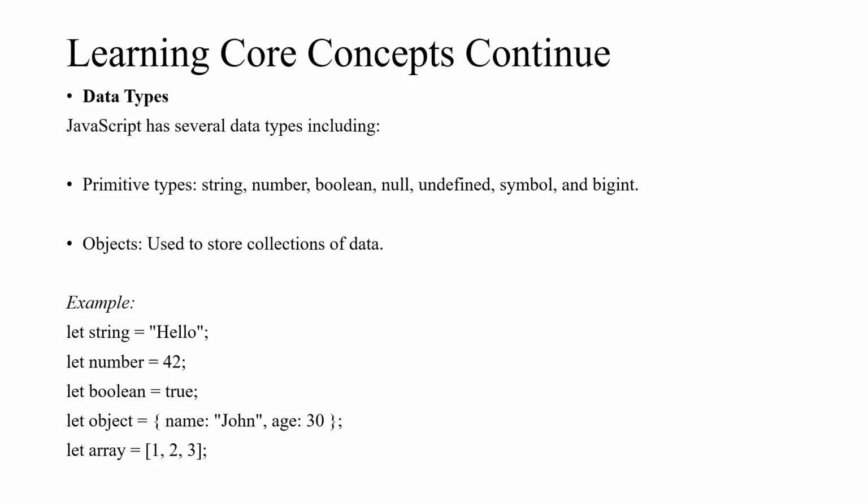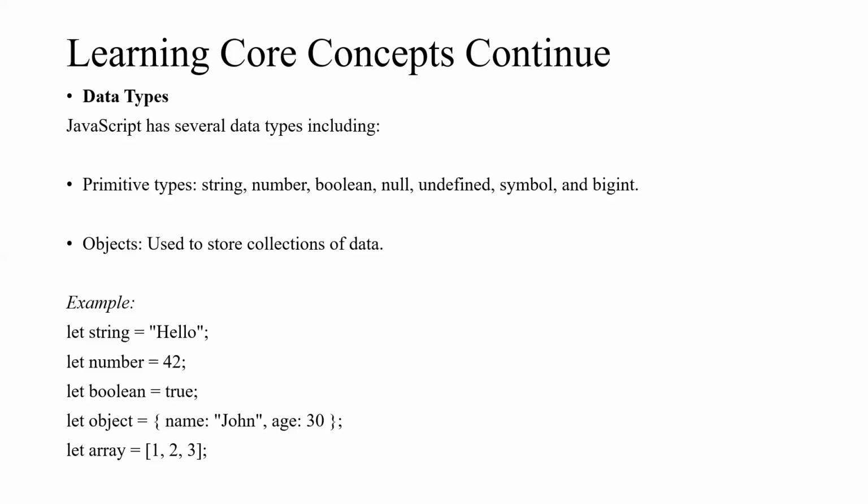We have primitive types, and under primitive type, we have string, we have number, we have boolean, we have null, we have undefined, we have symbol, and we have big int. So you can go and read about all this to know what they are used for, so that I won't be going over it.